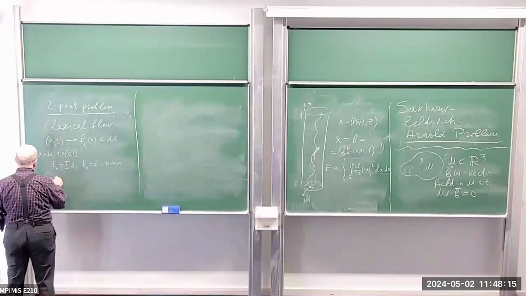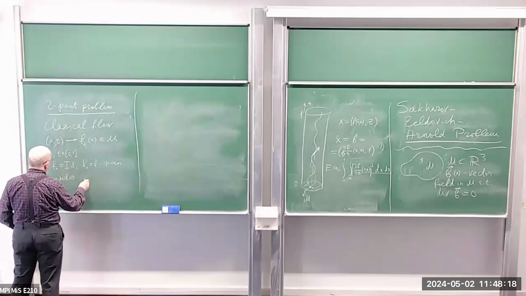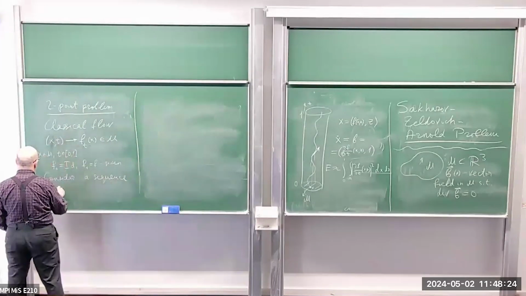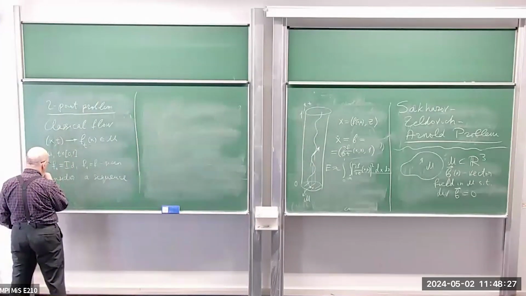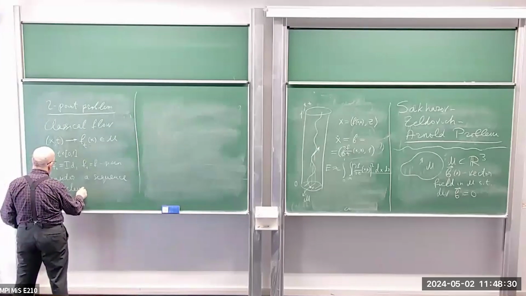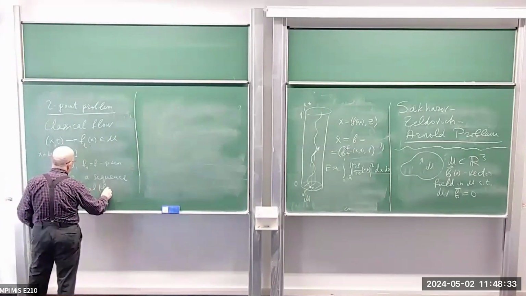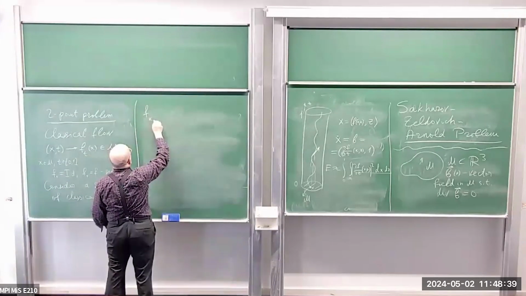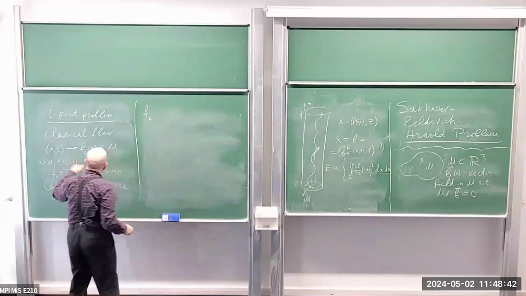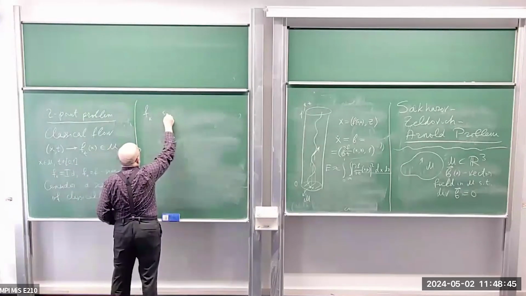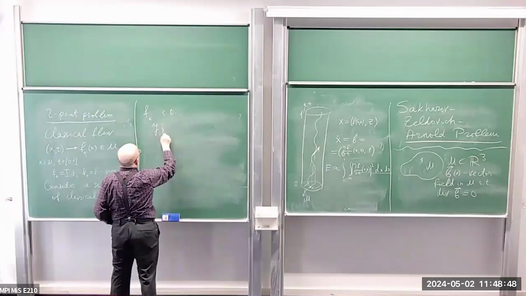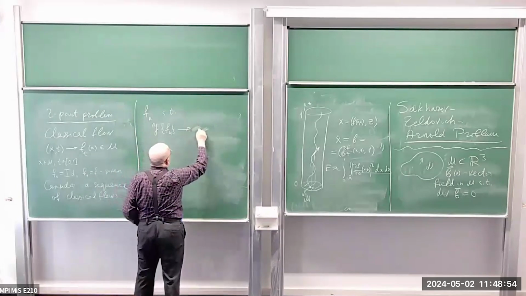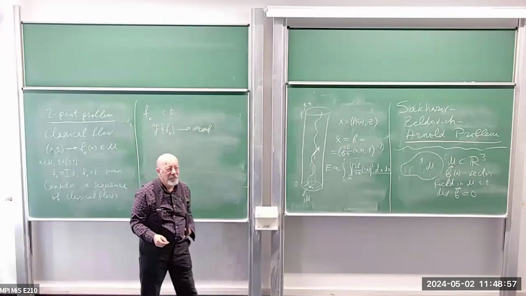Consider a sequence of, let's call it, flows, such that the action of the k-th goes to infimum.